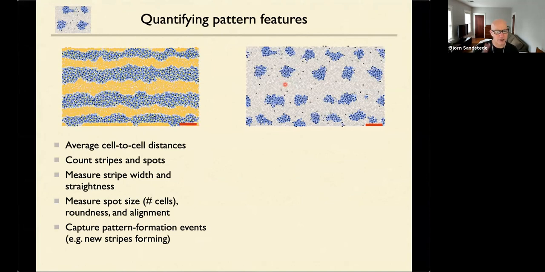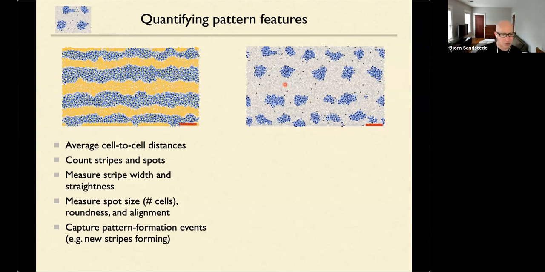We want to count the number of stripes and the number of spots. We want to think about stripe width and also the straightness, how straight or how curvy these stripes are. For spots, we want to see how large they are in terms of number of cells involved, and also how round they are and whether they are aligned along stripes or not.